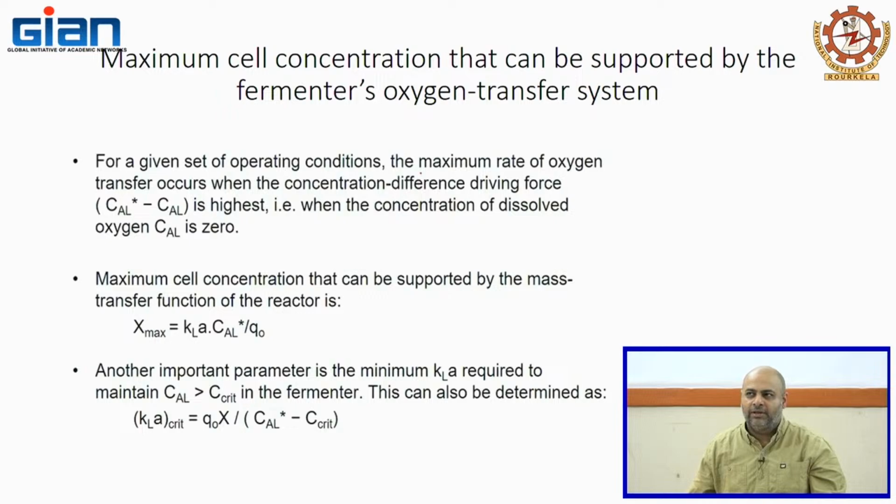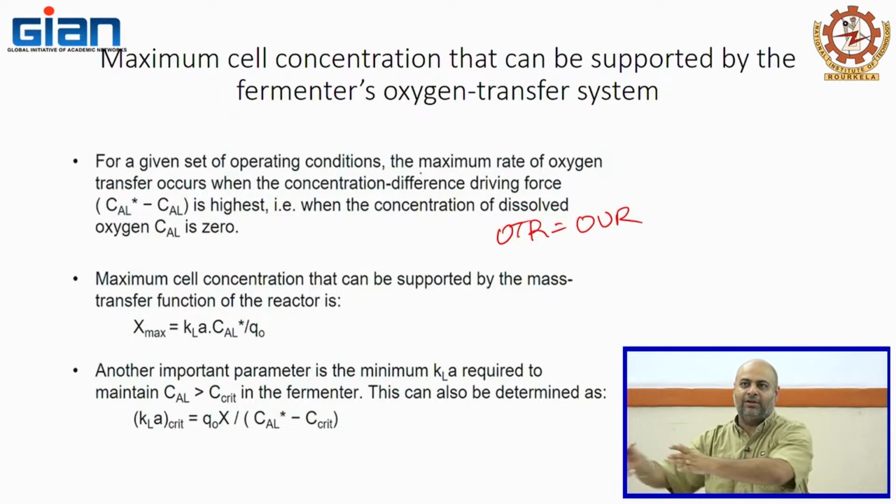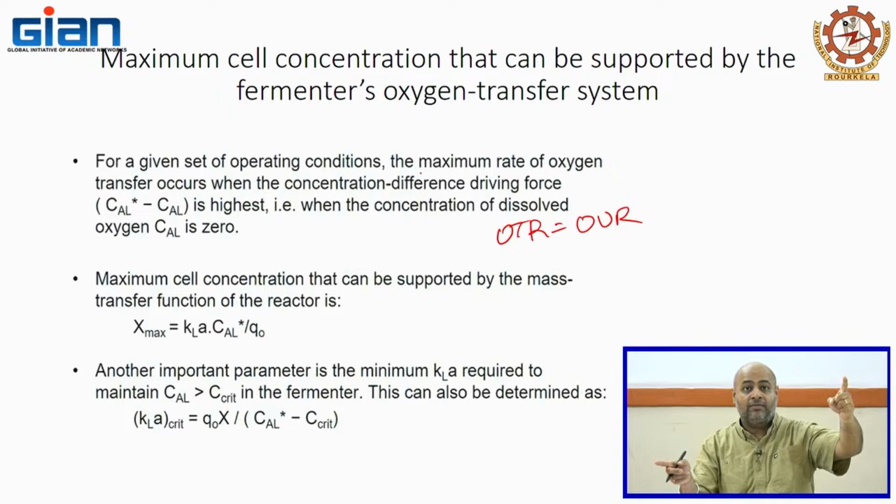Under what condition will the Cal be 0? When your OTR is equal to OUR. So, whatever oxygen comes out from the gas is consumed, comes out, consumed. There is no oxygen in the medium. So, your concentration gradient will always be maximum, and because of that, your mass transfer would be maximum.